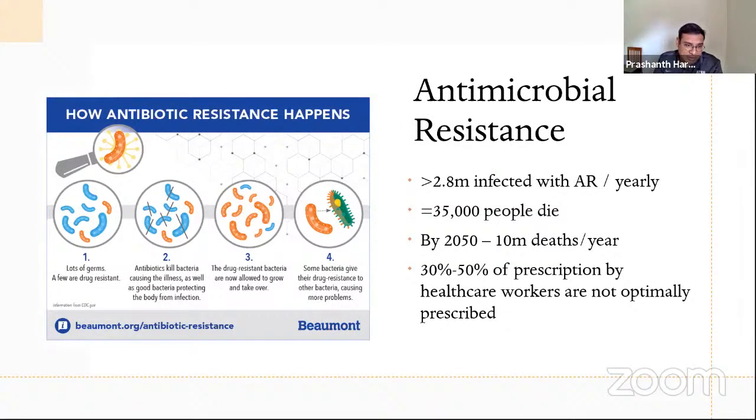As you all know, this picture is self-explanatory, where you see a lot of bacteria and you have one resistant super-bug that is resistant to the infection and the antibiotic, and does not get destroyed. Then they become superbugs and they become larger, populating and taking over the entire area, and then that particular genomic sequence in the bacteria starts transmitting to the other bacteria and mutating them. So that's another problem.